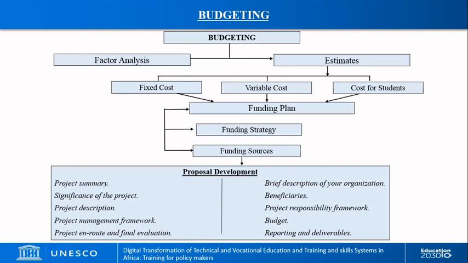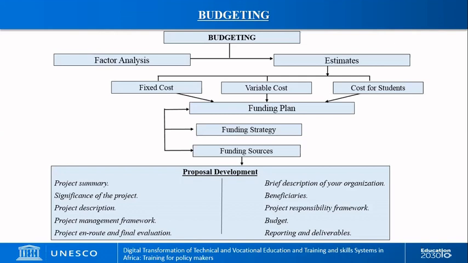Now, looking at this content flow chart, a very good budgeting begins with factor analysis and then to estimate. And the estimate is guided by the different costs: fixed, variable, or cost per student.